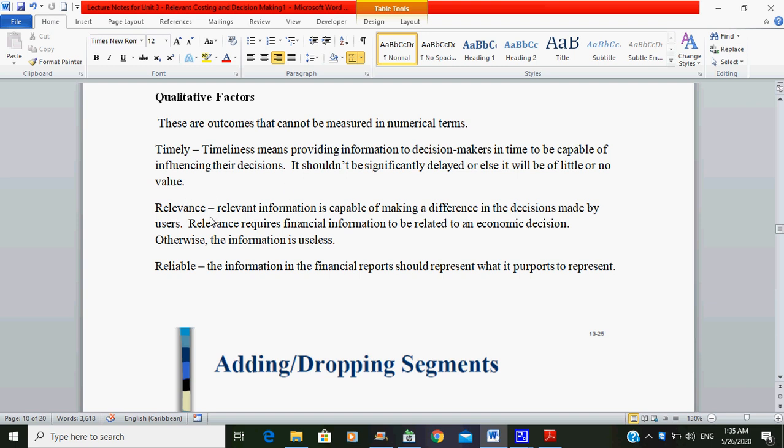Next one is relevance. Relevant information is capable of making a difference in the decisions made by users. Relevance requires financial information to be related to an economic decision. Otherwise, information is what? Useless. And reliability. Information in the financial report should represent what it purports to represent.